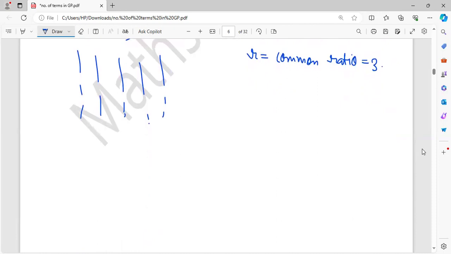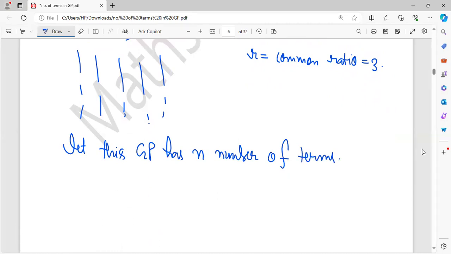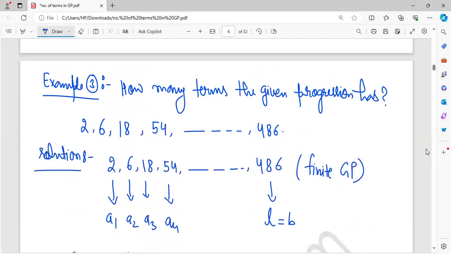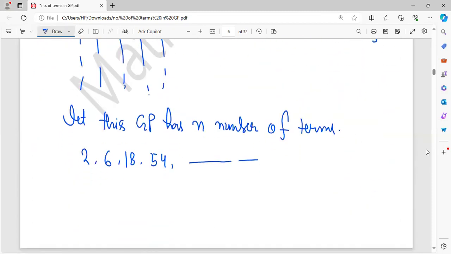So let this GP have n number of terms. What was this GP? 2, 6, 18, 54. The last term was 486.